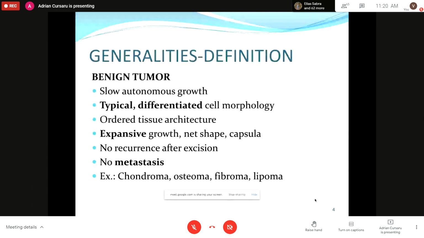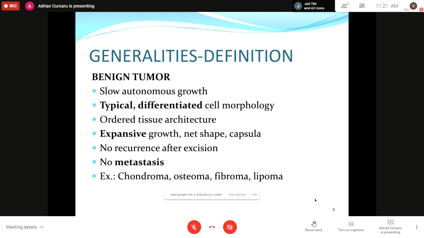Another sign is no recurrence after excision, after a correct surgical procedure. In malignant tumors, we have the chance of recurrence after the excision, but in the benign ones, in most cases, if we make a correct surgical procedure, the recurrence after excision does not appear. And they don't make metastasis, don't make tumors at a distance.